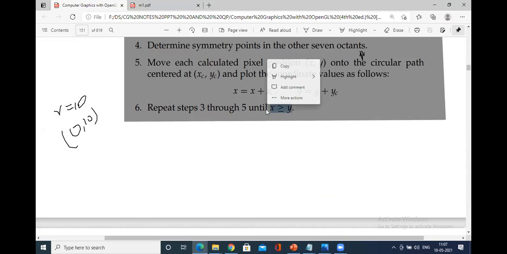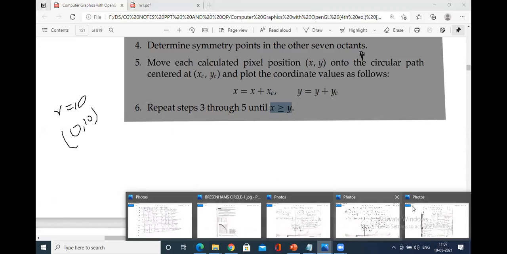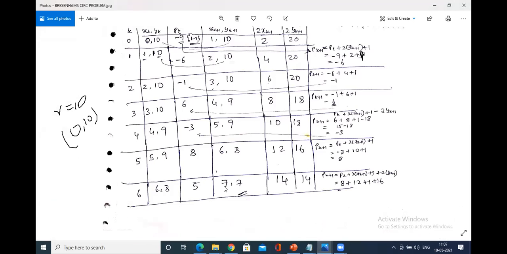What we see is here x was 0, and x got incremented until it is greater than or equal to y. So we stop, saying that these are the points to determine a circle from 0 comma r, that is 0 comma 10, to here.